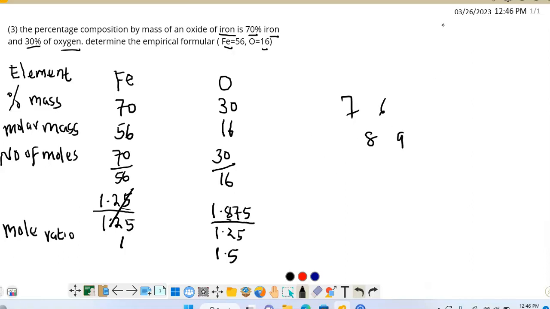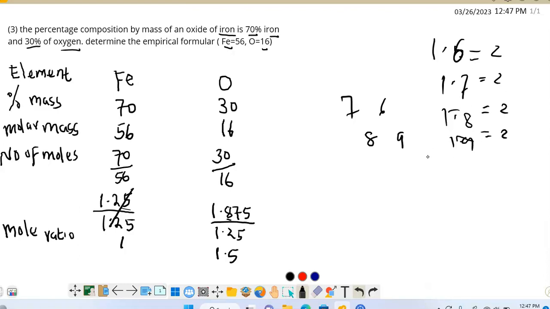For example, 1.6, 1.7, 1.8, 1.9 all become 2. But if it is 1.3, 1.2, 1.4, you ignore the decimals, so the value will be 1.